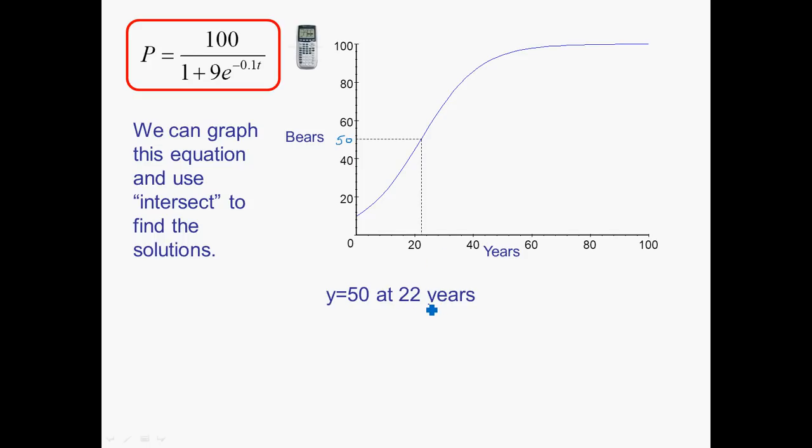It's at about 22 years. Then it asked me for 75. So in Y2, I graphed the line Y equals 75 and found the point of intersection. That was 21 point something.